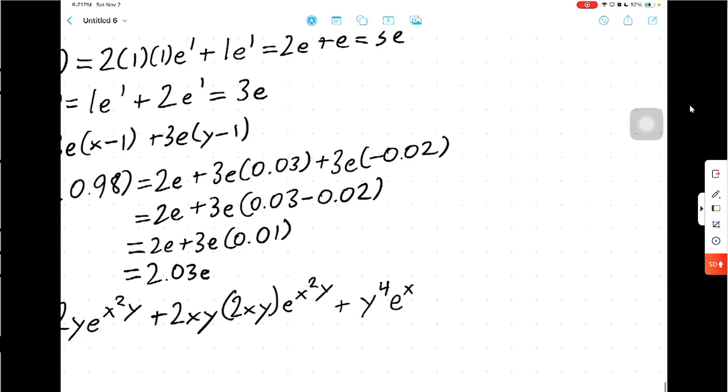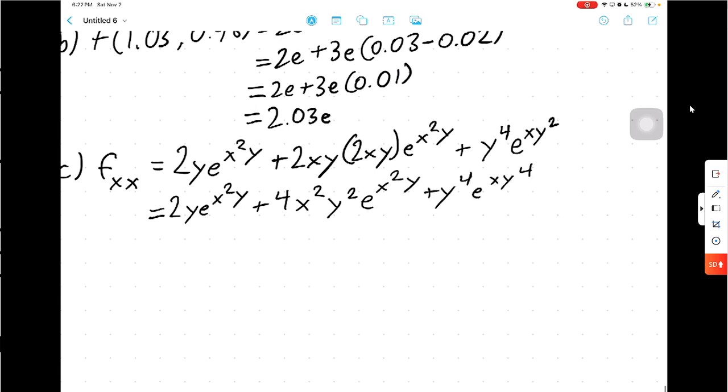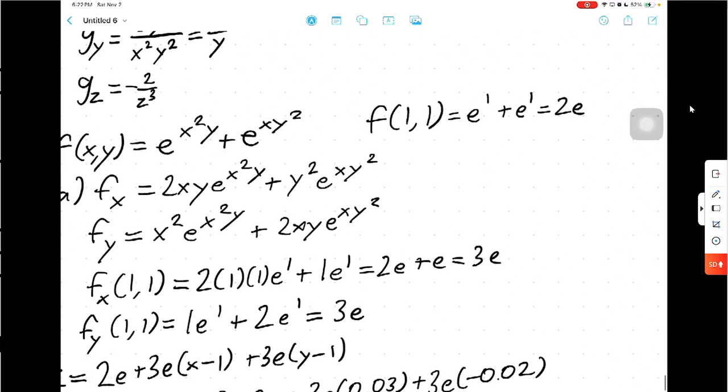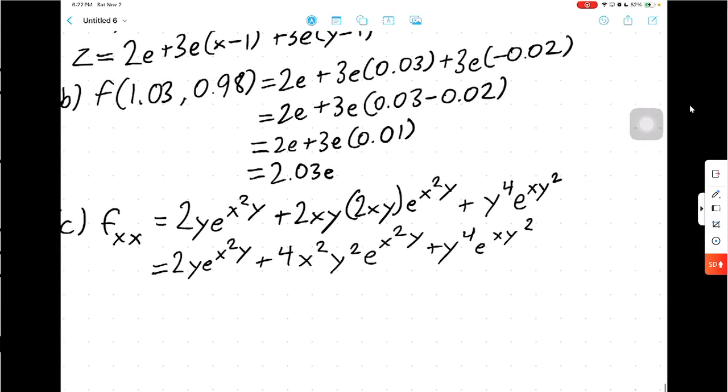So y fourth e to the xy squared. 2y e to the x squared y plus 4x squared y squared e to the x squared y plus y to the fourth e to the xy squared. Let me just go check all that. Yeah, 2y and then 2xy times this guy and the derivative with respect to x, and then this is just a constant. So yep, that's all.